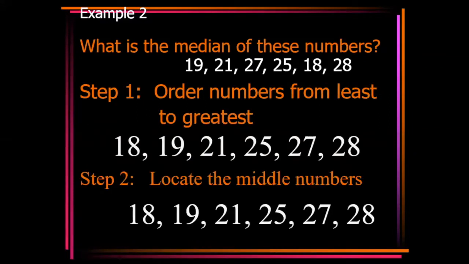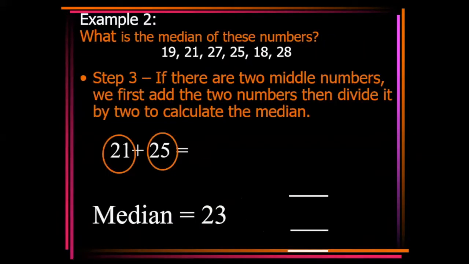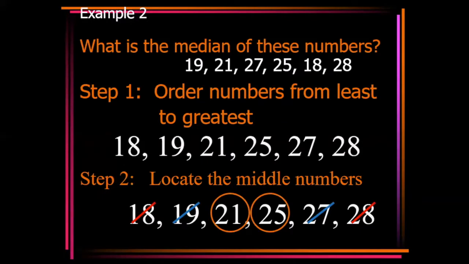Our second step is to locate the middle number. Now we have two middle numbers, 21 and 25. In a case like this, what do we do when we have two numbers as our middle numbers?